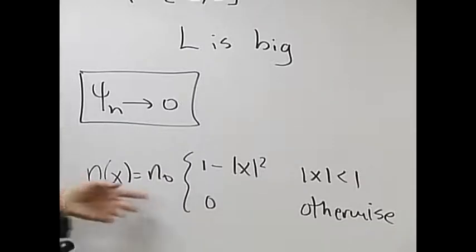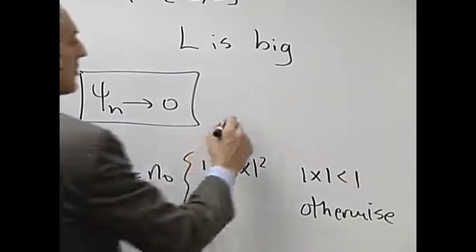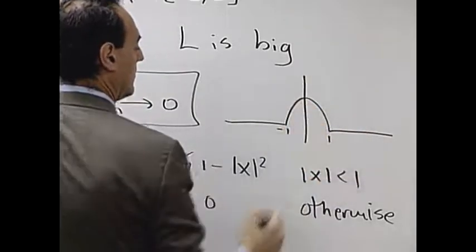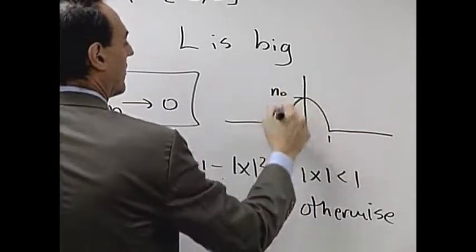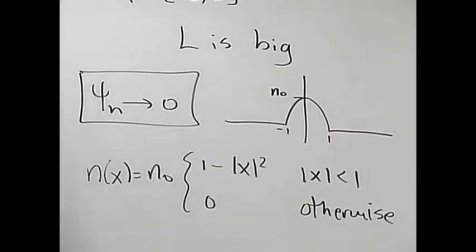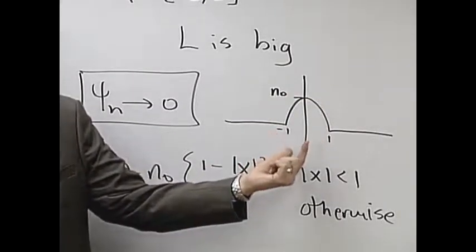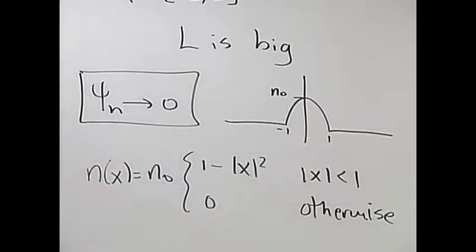So n of x takes on some value, and it looks something like this, with the height n0. This is what n of x is going to look like. So it's only going to play a role between -1 and 1. We'll take that as what n of x is.